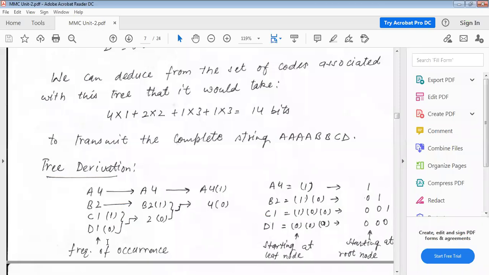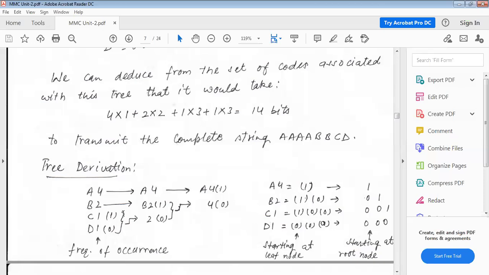As I did in the tree construction diagram, 0 is assigned to the left side branch and 1 is assigned to the right side branch. Here also, I will start from the bottom. While writing the bottom tree derivation, I will assign 0 first, then I will assign 1.